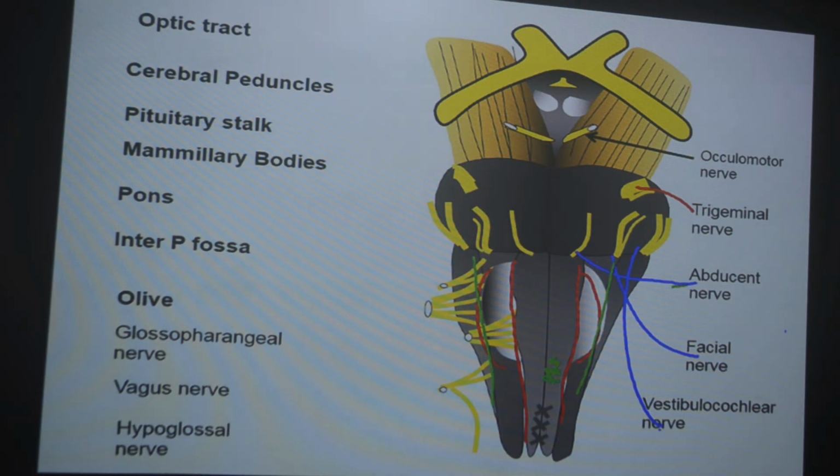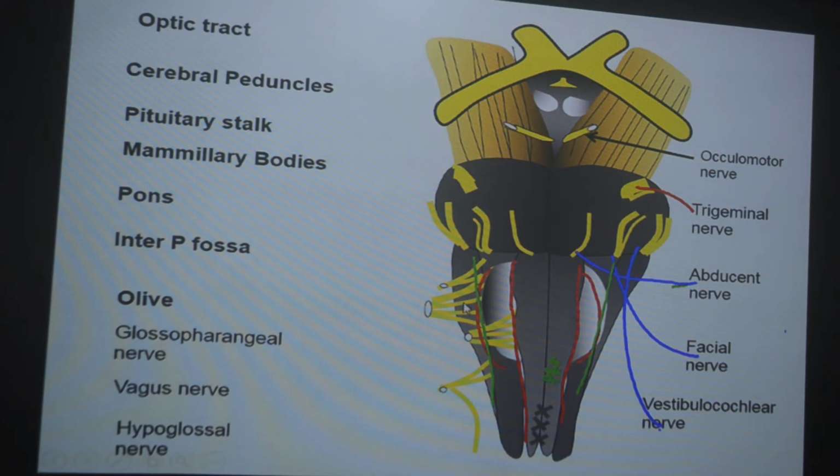The parotid gland is a salivary gland here, and it is going to get its parasympathetic supply from the glossopharyngeal nerve. So the glossopharyngeal nerve is sensory, motor, and parasympathetic. Sensory to the posterior 1/3 of the tongue, sensory to the pharynx, and it is motor because it supplies one muscle within the pharynx, which is the stylopharyngeus, and it is parasympathetic because it is going to supply secretomotor fibers to the salivary gland, which is called the parotid gland.